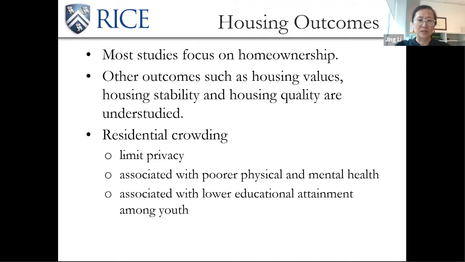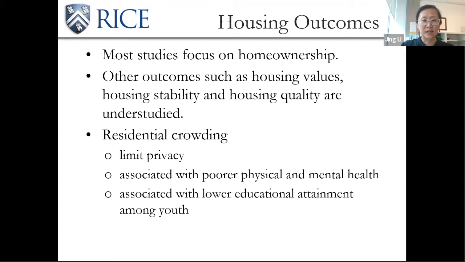Other outcomes such as housing values, housing stability, and housing quality are much less studied. Residential crowding as an indicator of housing quality is less studied as well, and that is one of the focuses of our study.